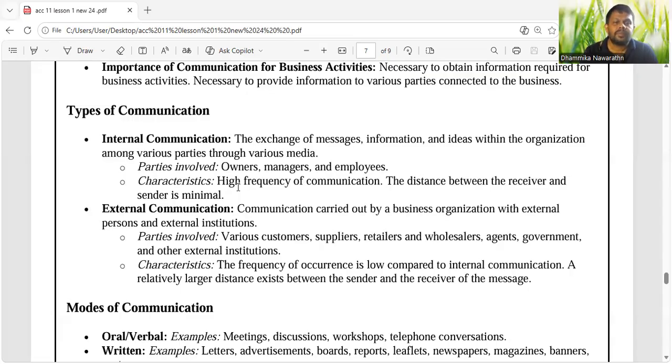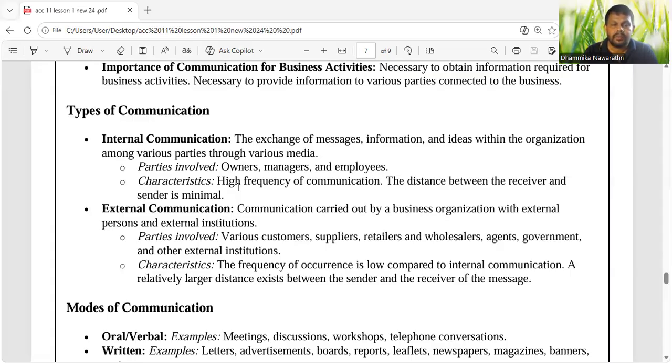Now, the characteristics of internal communication: when considering owners, managers, and employees, the special thing is that it occurs frequently.